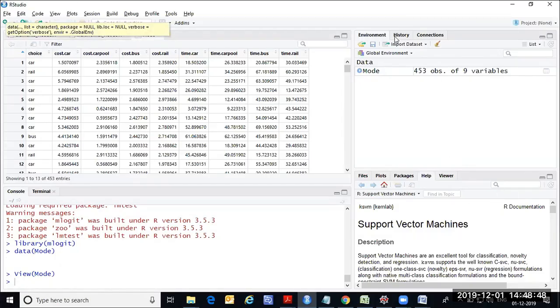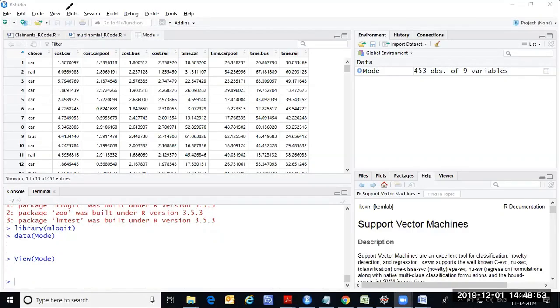Let's try to understand this case study. So we were given the cost of the car. If you hire a taxi, what would be the cost of it? And if you go for a carpool, 2 or 3 people together would travel, and the cost of it. And cost of bus.